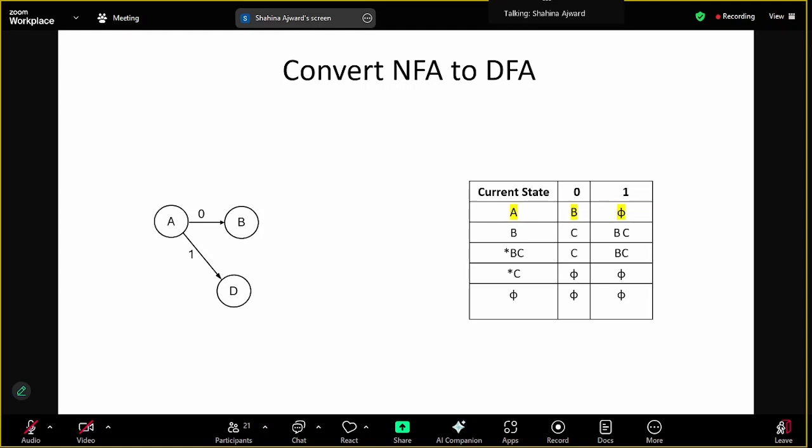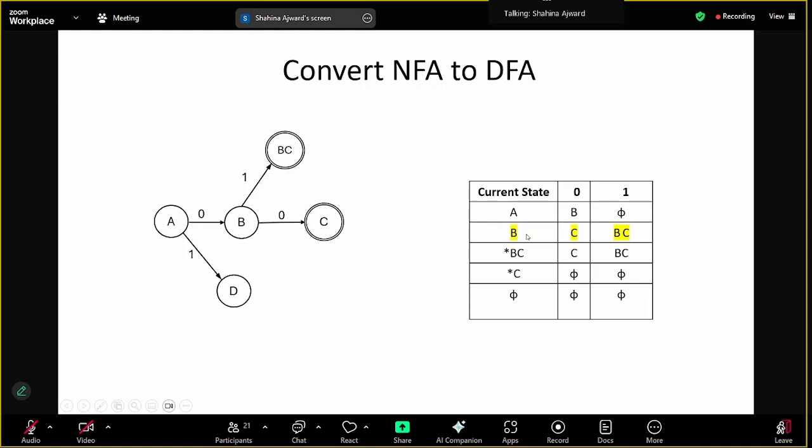Okay, so we have done the first row. Let's see the second row. Now, in the second row, we have to move forward from the state B, right?